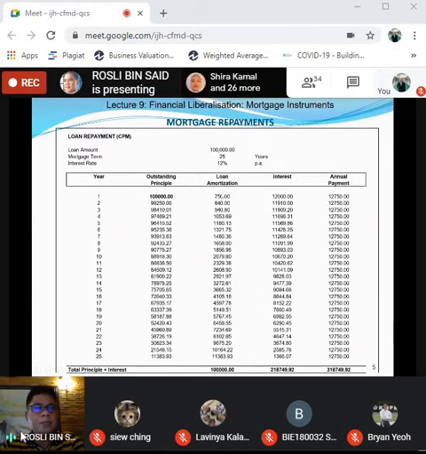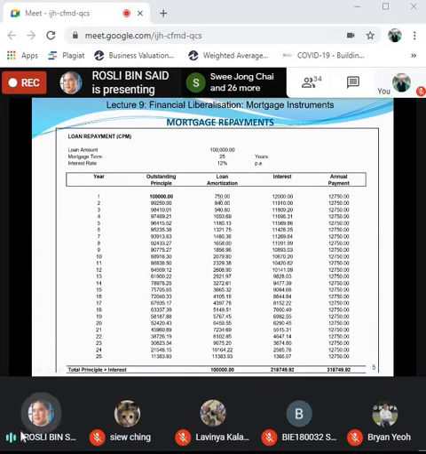The balance of 750 ringgit represents the capital that is being amortized from time to time. So the capital amortized in year one is 750 ringgit, because 12,000 goes to the interest.